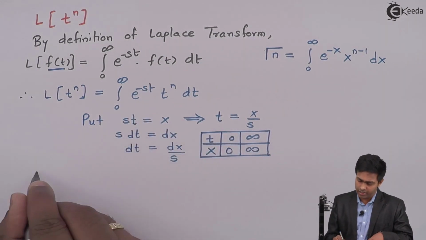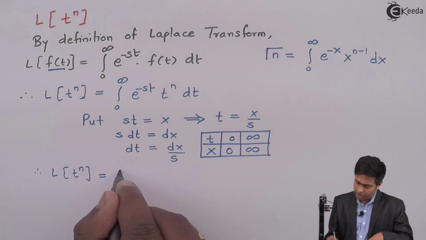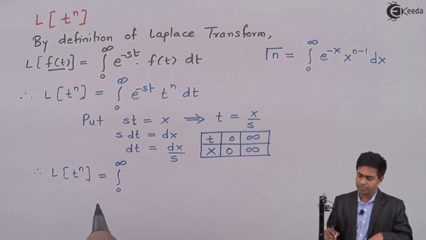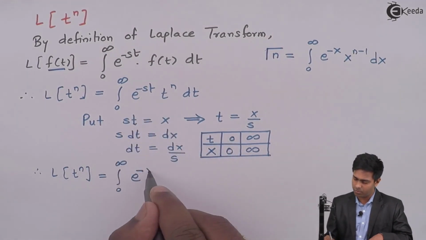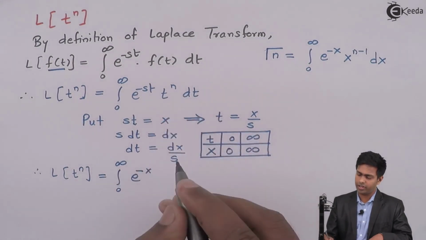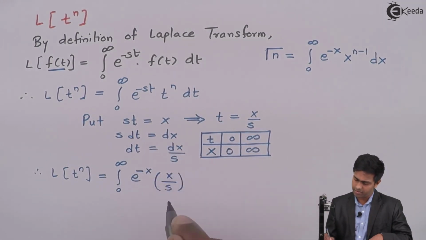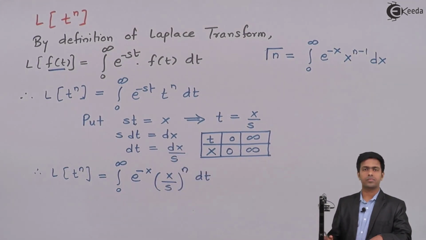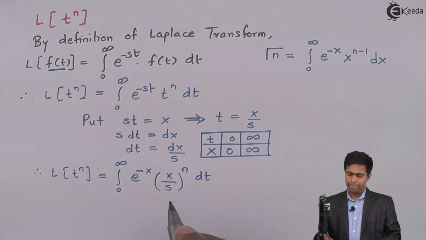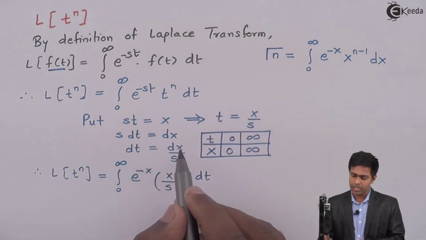So let's substitute all these values in the integration. Therefore Laplace of t raised to n equals integration 0 to infinity, this will become e raised to minus st is minus x, t raised to n, t is x upon s raised to n, and dt is also dx upon s.